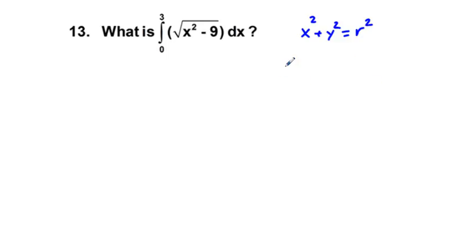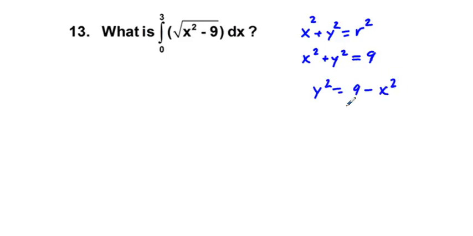And in this case, if we say x squared plus y squared equals 9, what would r be? If we have 9 in the place of r squared, well, that would be for r, the radius, equals 3. And if we solve for y, we will get y squared equals 9 minus x squared.